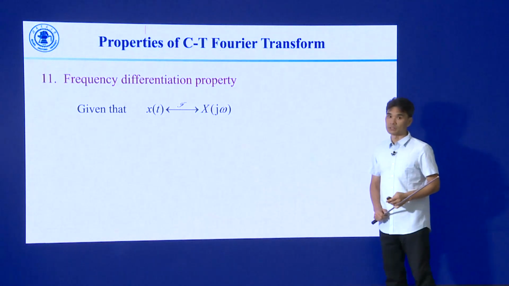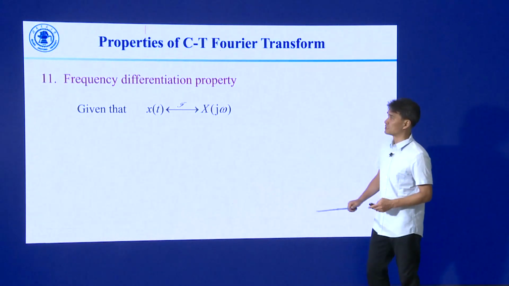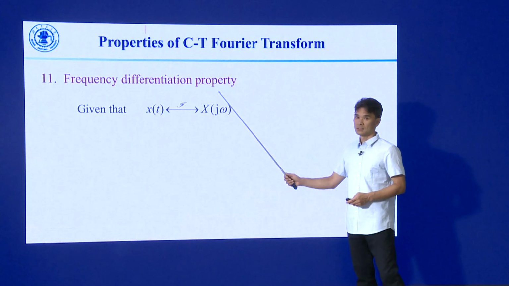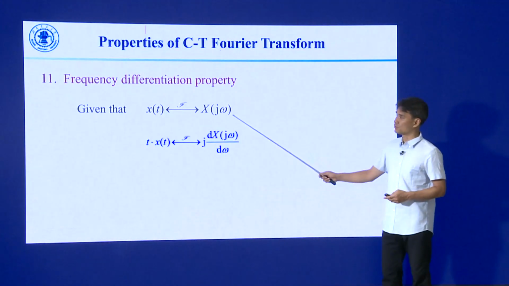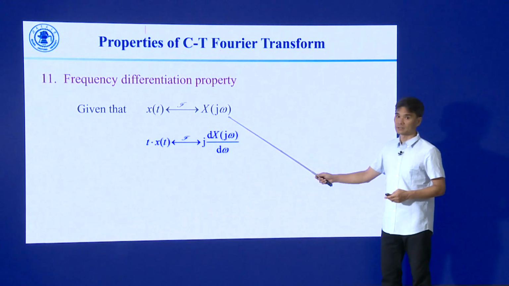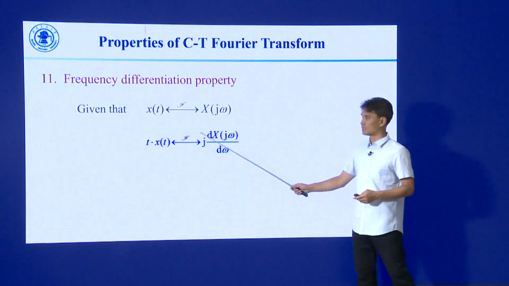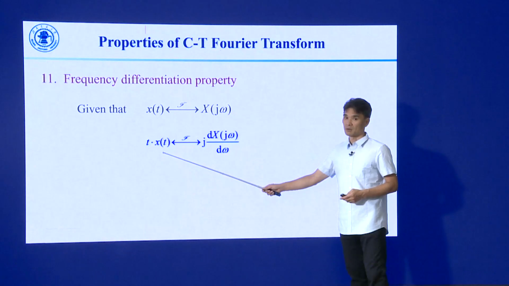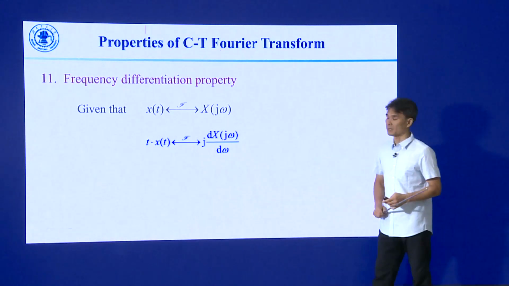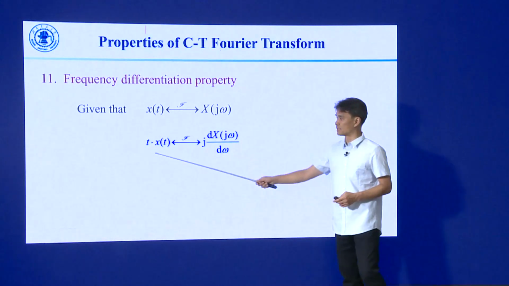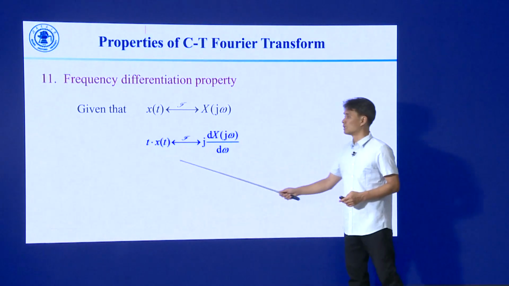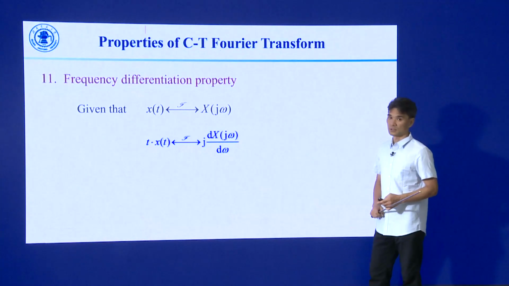The next property is the frequency differentiation property. Based on the duality we learned previously, if we do the first derivative in the frequency domain, then we're going to do the multiplication in the time domain. But there's a sign change in there, and you can put the negative j on the other side of the transformation.